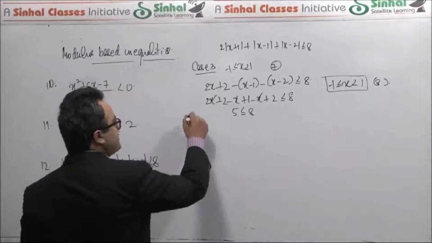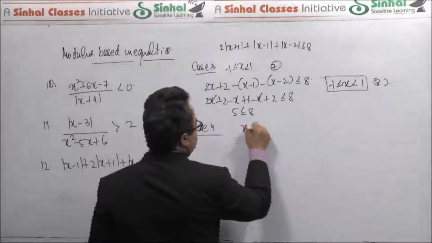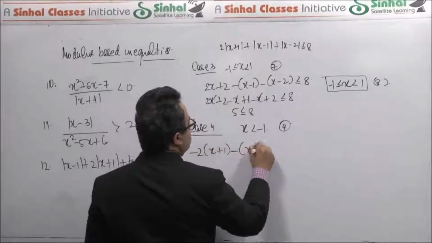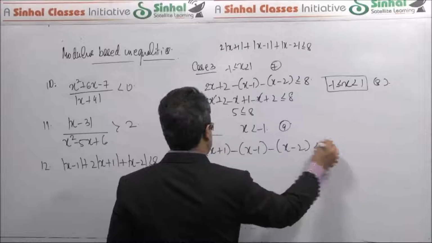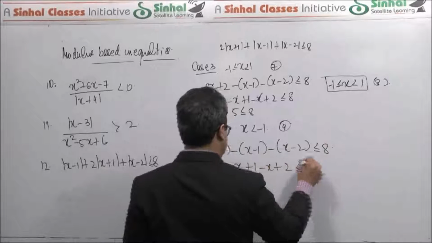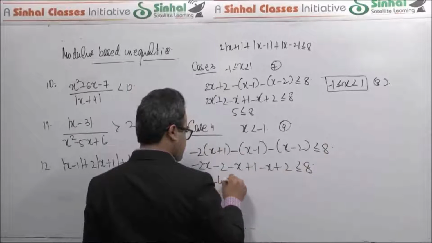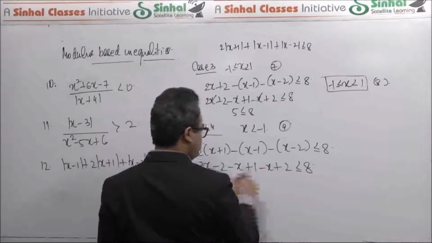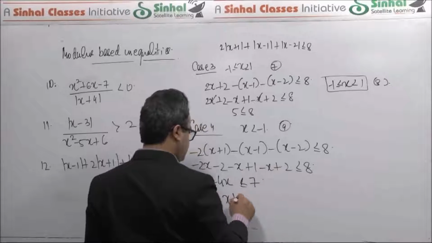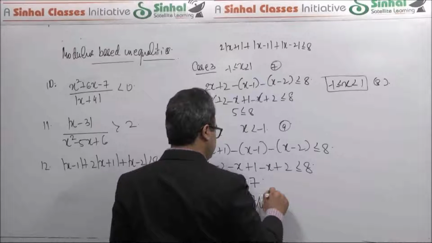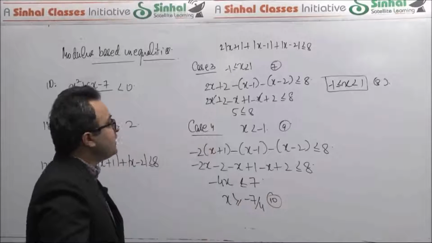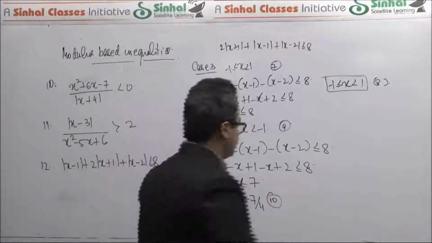And finally, the last case. So in the last case, I get my set of values as x greater than equal to -7/4, which you again have to take an intersection with statement 9.